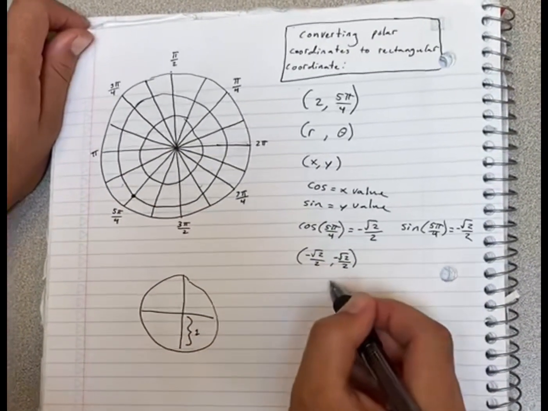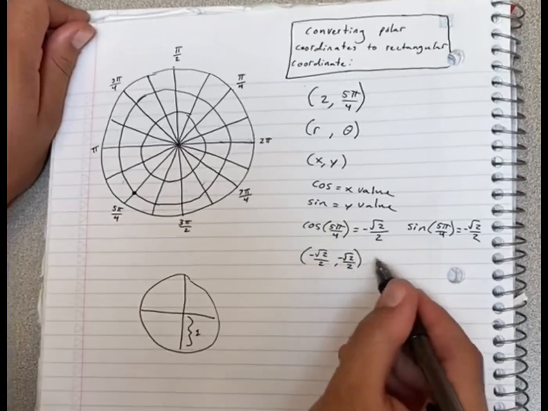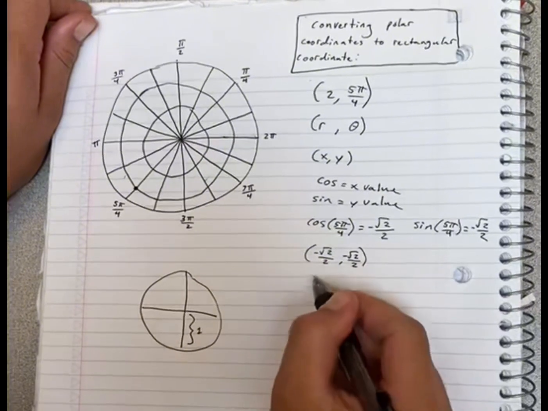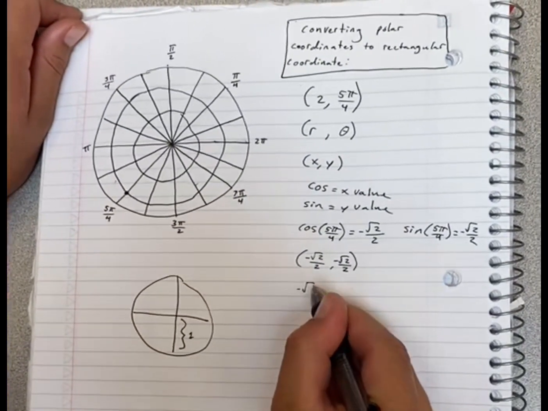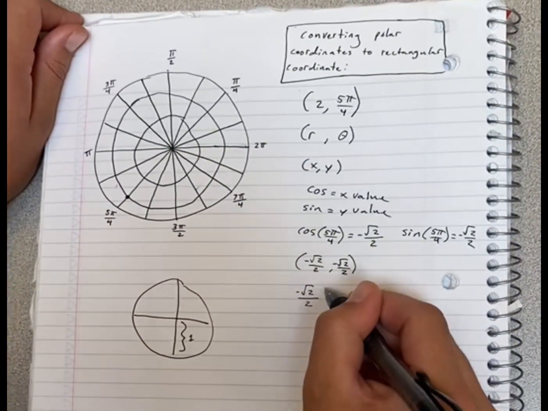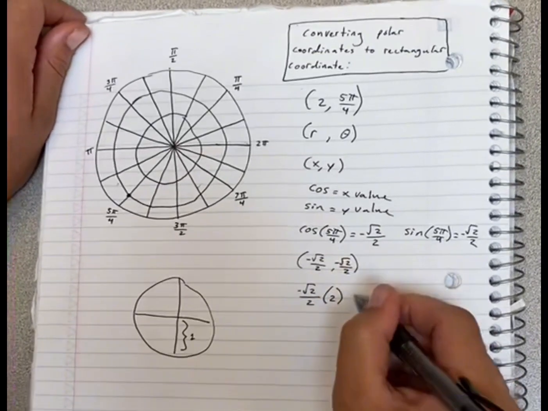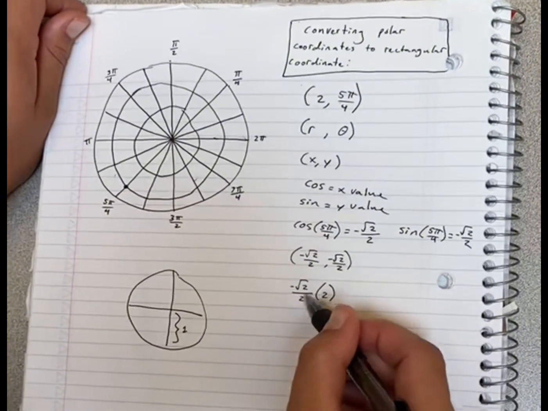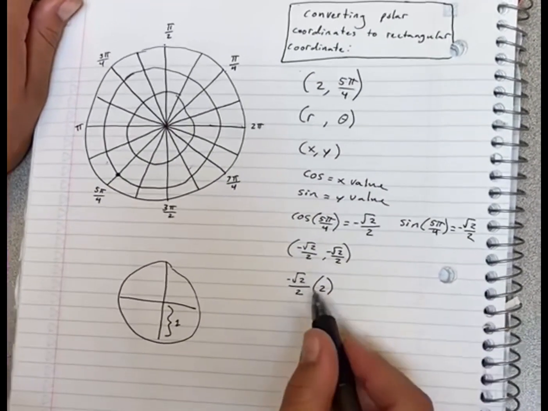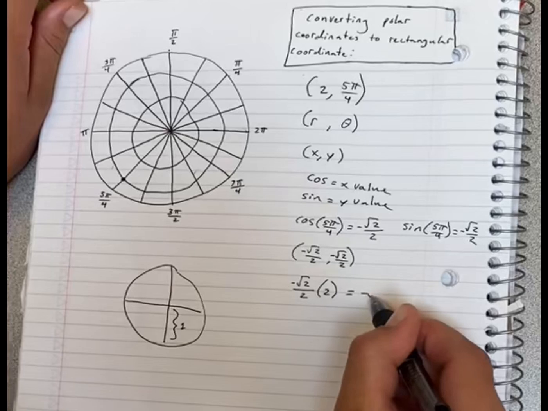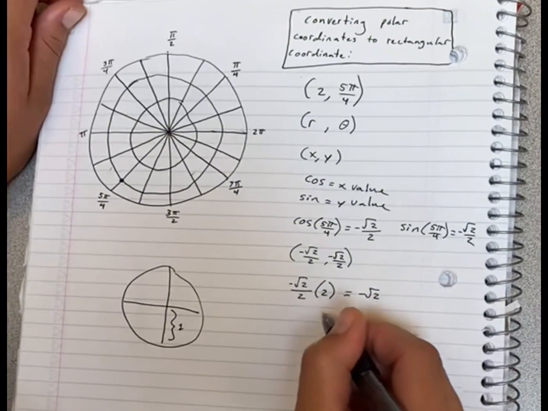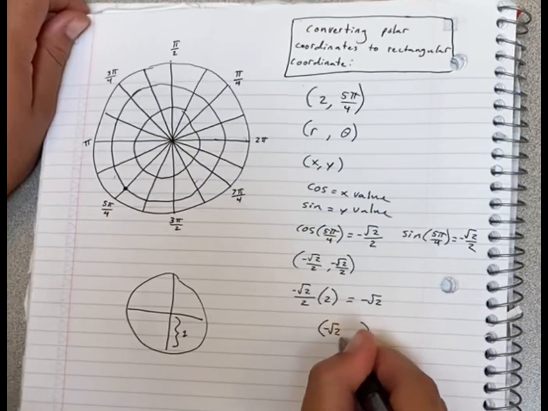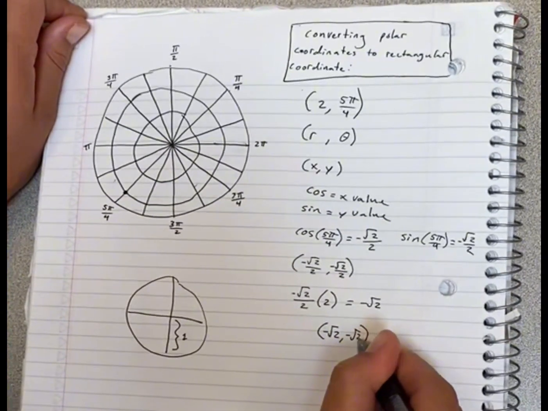So what you're going to do is multiply each of these by the radius. You're going to multiply it by 2. So let's do that. 2 times square root of 2 over 2. And since each of these are the same number, I'm just going to do it one time and then double it. So that equals negative square root of 2. So our rectangular points are going to be negative square root 2 and negative square root 2.